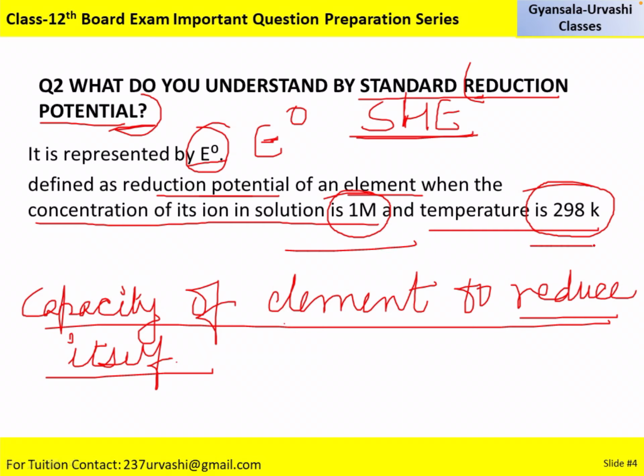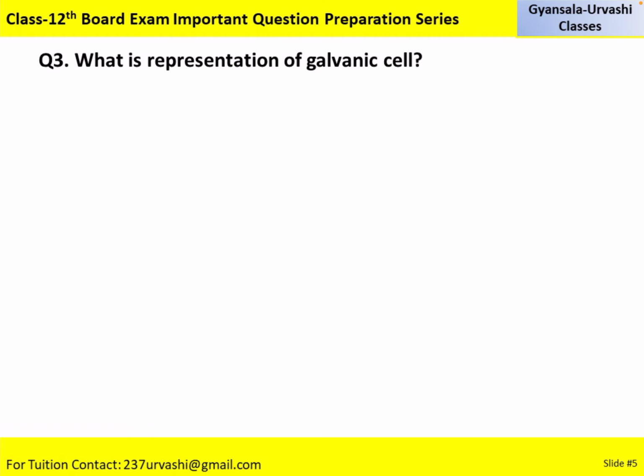Now I have fixed certain conditions. You have found the reduction potential, but the solution given was 1 molar and the temperature 298. In these cases, when I mention certain conditions, the word standard comes. So it is the reduction potential of an element calculated when the solution was 1 molar and the temperature was 298 Kelvin.